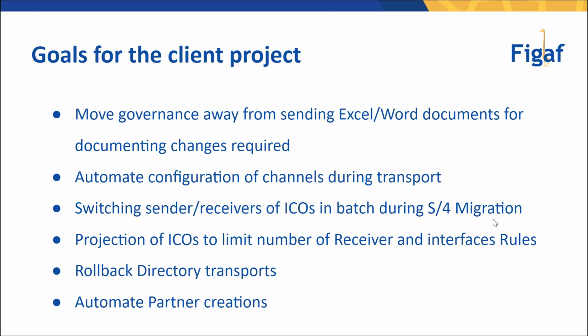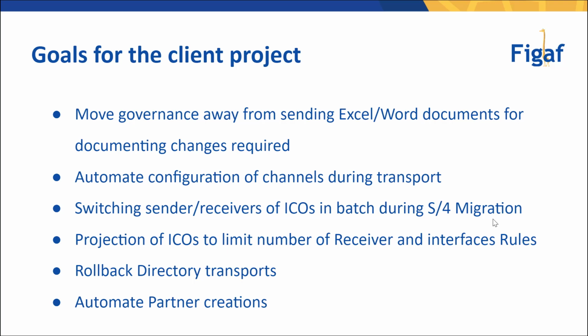They had a large number of ICOs with a lot of receivers in, with a lot of different rules, and not all of these different rules needed to be applied at the same time, or transported at the same time. So they may have long-running processes that they did not want to transport along the way. So how do we handle this? Can we actually say we do not want to transport these things?